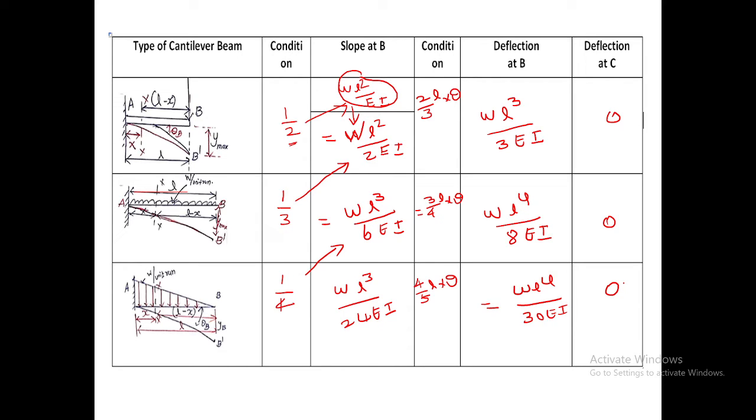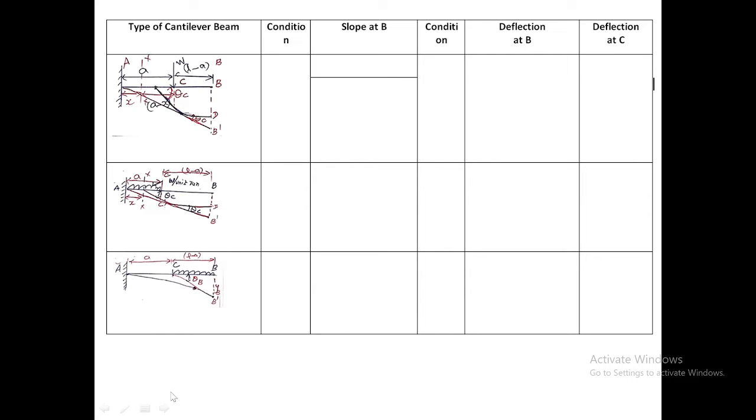Okay. Next one: 1, 2 and 3. Next, the fourth one. The condition is also 1 by 2, here 1 by 3.